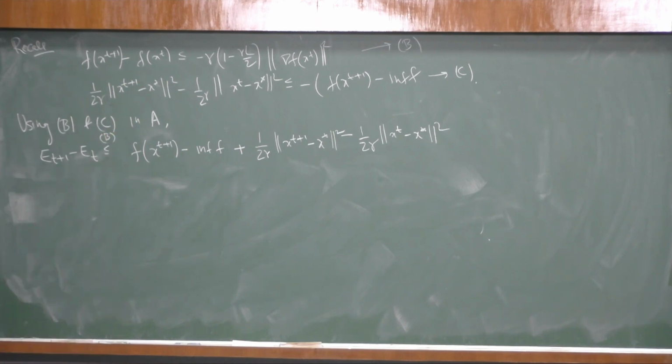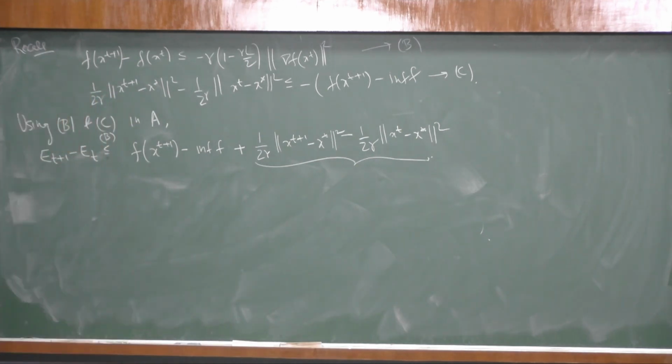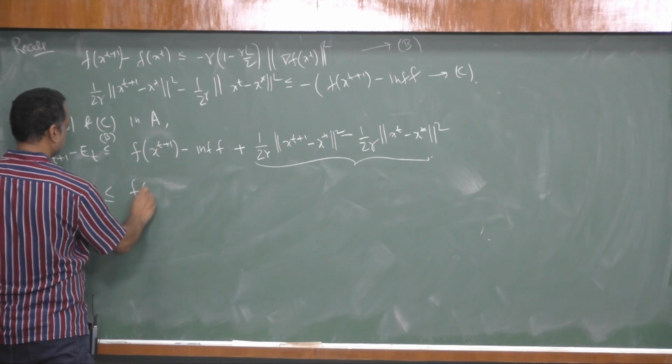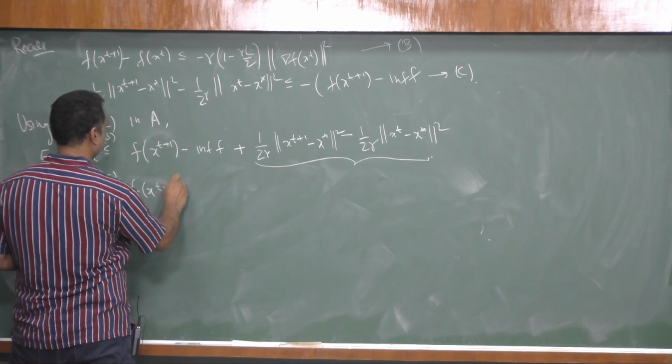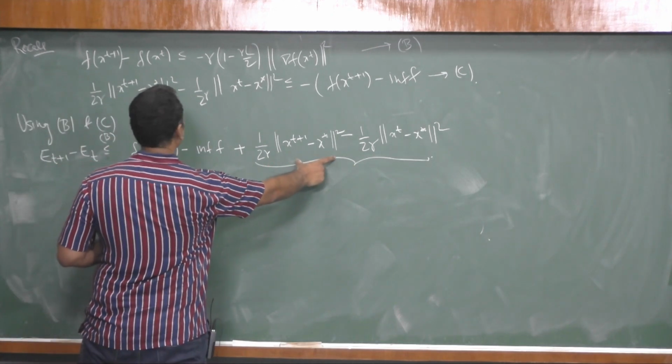So this seems to be okay, and perhaps in the next step C will be used, which seems to be the case, because in these terms these are visible in C. So these are bounded by these negative terms, so that also will go away, or I can use them. So let us use C now. f(x_{t+1}) minus the infimum of f, and these are less than or equal to this.